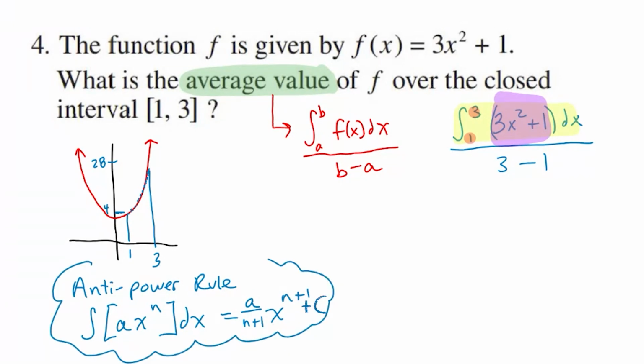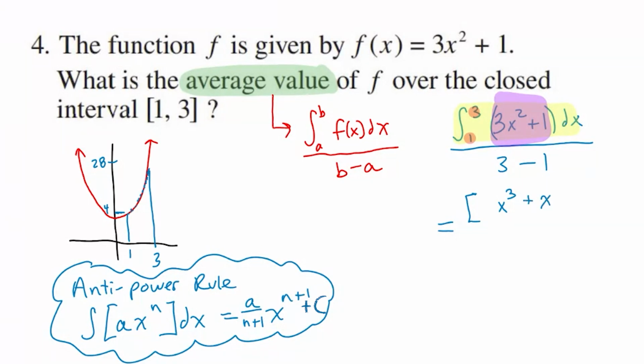So if we've got 3x squared plus 1, we'll take this one term at a time. Increasing the power by 1 will make it x cubed, and then dividing 3 by that new number, 3 divided by 3, is just 1, and we don't really need to write the 1. The antiderivative of 1 is just x.